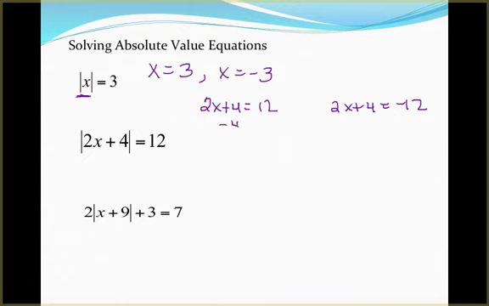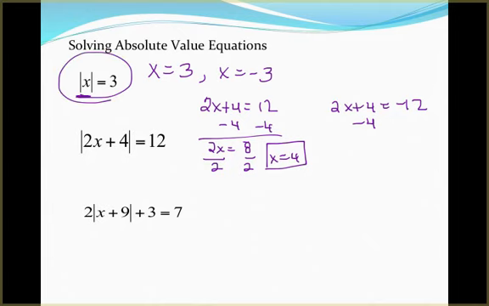So now let's solve those two equations. If I subtract 4 from my first one, I get that 2x is equal to 8, divided by 2, and x is 4. On my second equation, now it's really important that once you get the first value, you do not automatically assume that the other value is the opposite of that. That only works when we have an equation like this, where an absolute value is equal to a number.